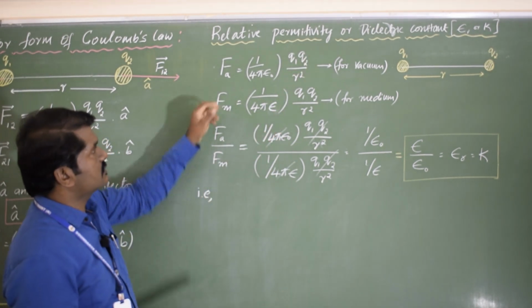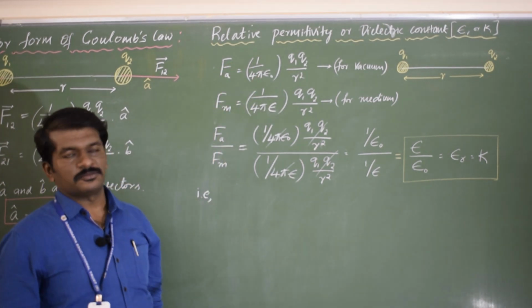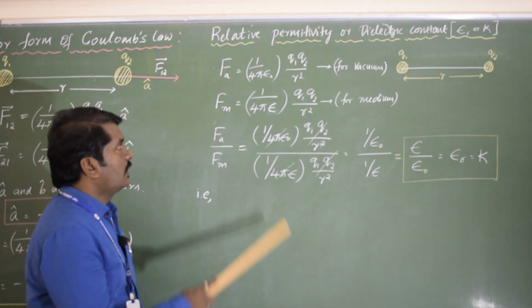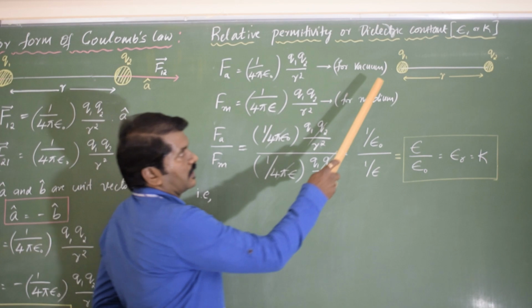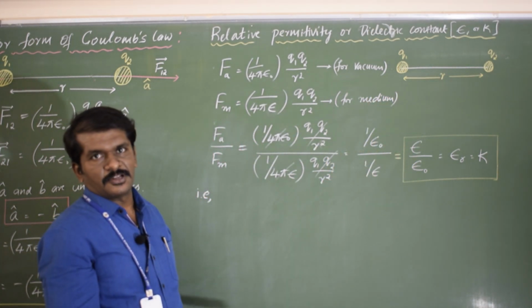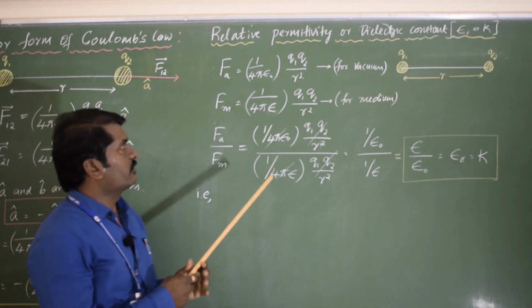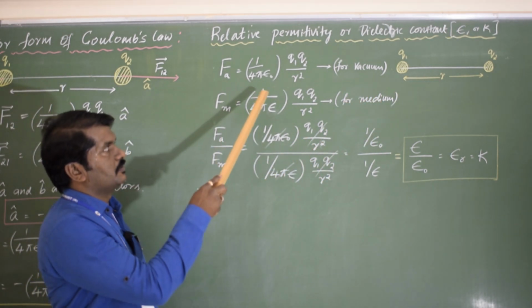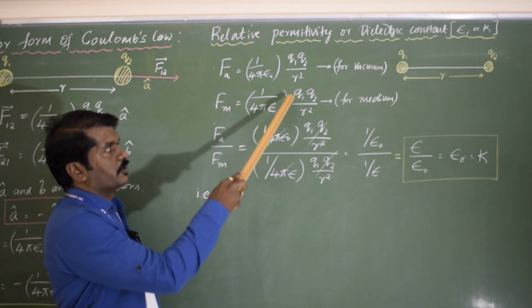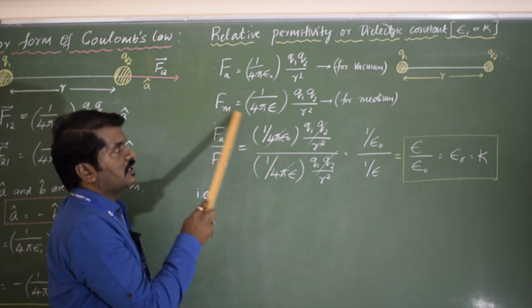So we have taken it as Fa because this force is in air or vacuum, that is free space. And assume that these two charges are placed in any other medium other than air or vacuum at the same distance, then the equation is given by Fm is equal to 1 by 4 pi epsilon Q1 Q2 by R square. So this is for free space and this is for any other medium.